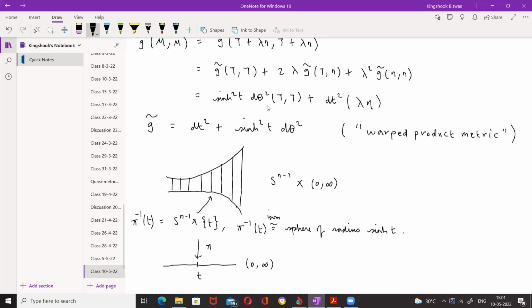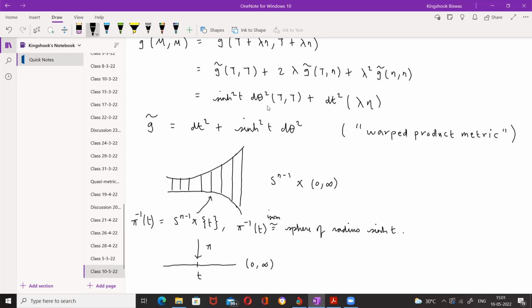What is the difference between this and Euclidean space? If I did the same computations in Euclidean space, instead of sinh squared t, I would get basically t squared, which is the solution to the differential equation. My Jacobi field, instead of being r sinh t, would be r times t. It would be a linear Jacobi field, where the Jacobi equation tells you that the norm of the Jacobi field satisfies J double prime equal to 0.